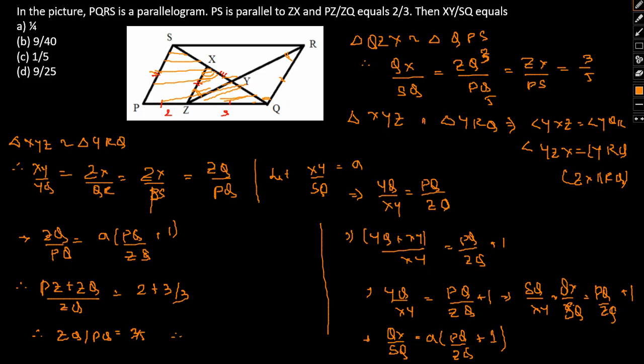So the above equation becomes 3 by 5 equal to A into 5 by 3 plus 1. If we solve for A, it comes out to be 9 by 40. So option B is our answer.